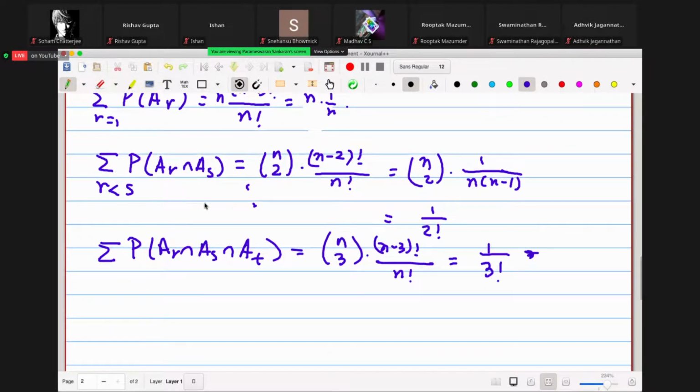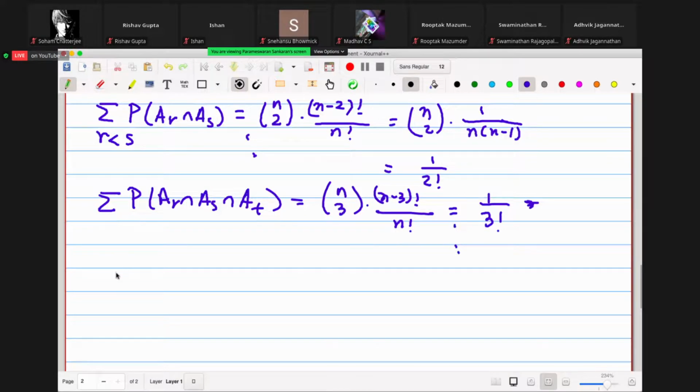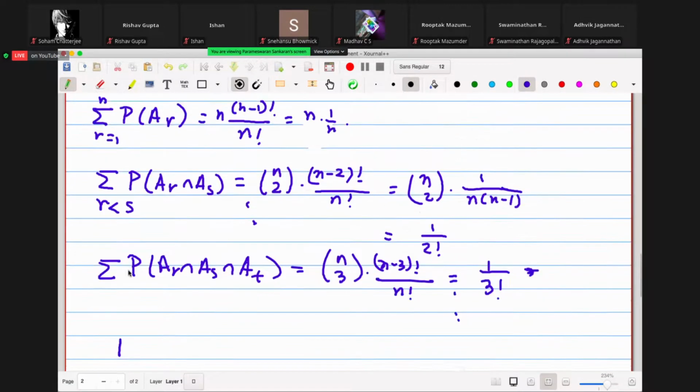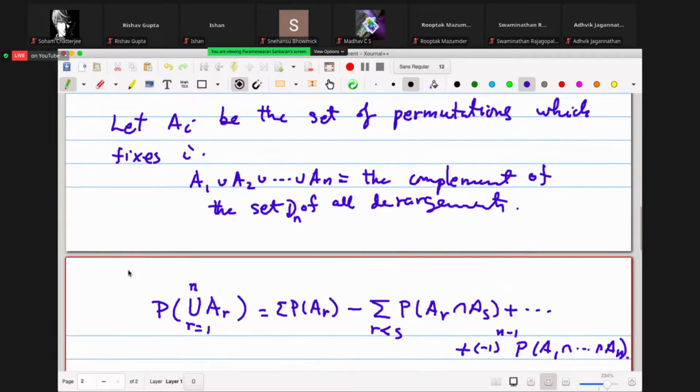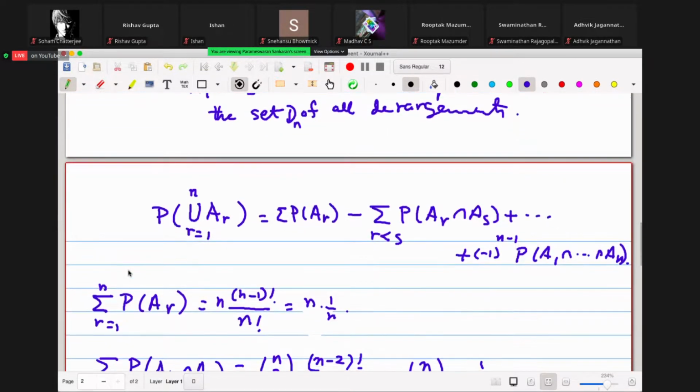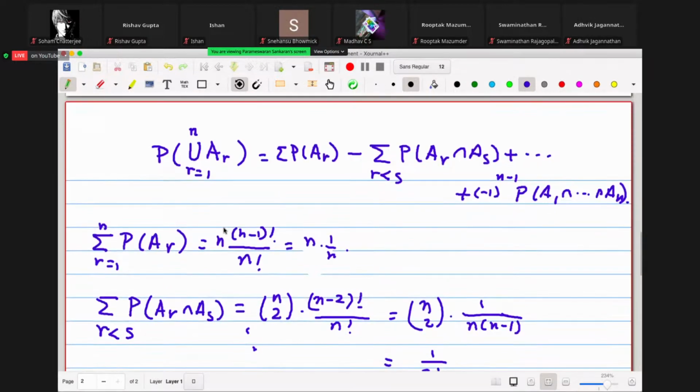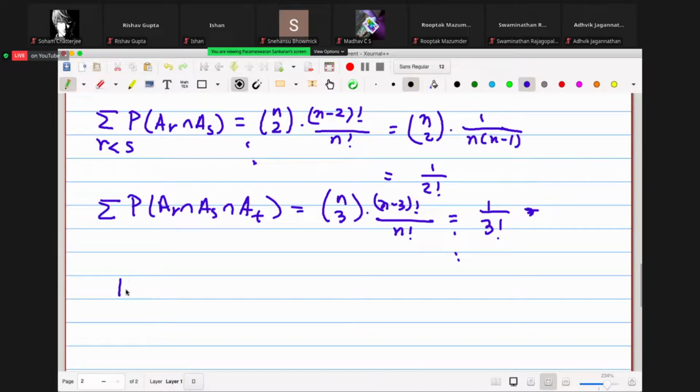Now you can see the pattern that is emerging. This is just computing the probability that at least one of the numbers is in the correct place. Therefore, the probability of a derangement happening, that is, a typical permutation being a derangement, is the complement of this.